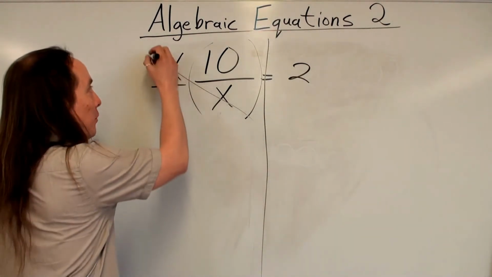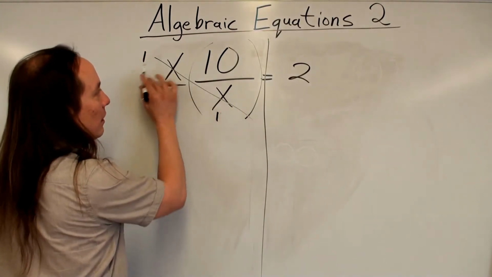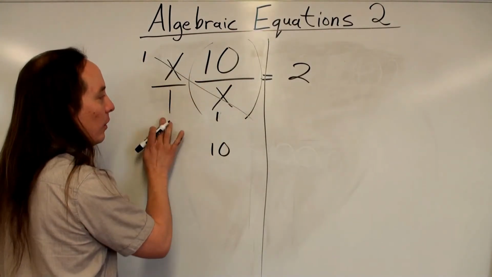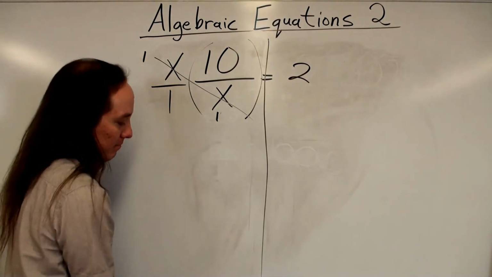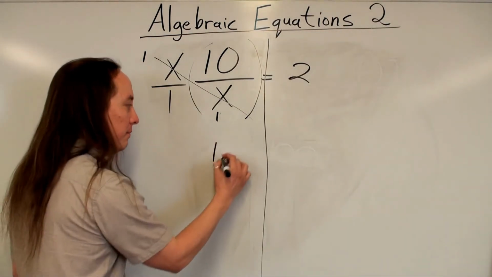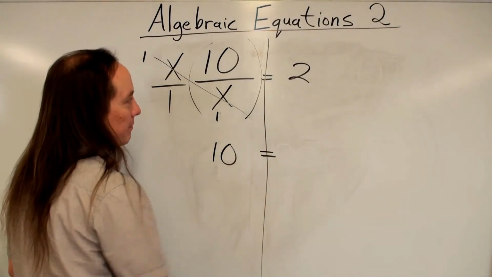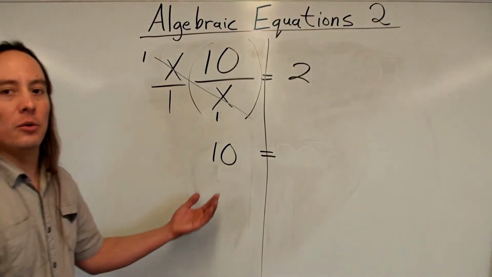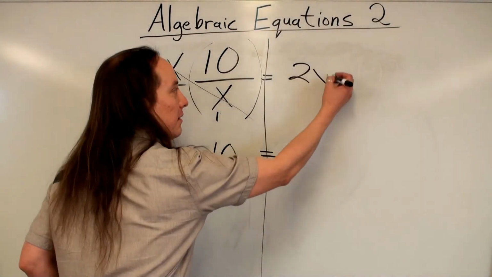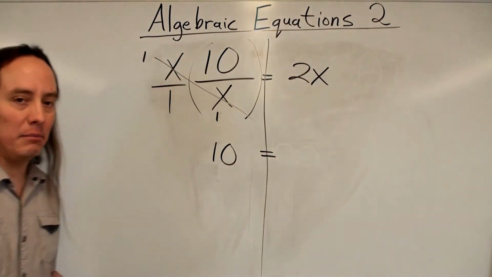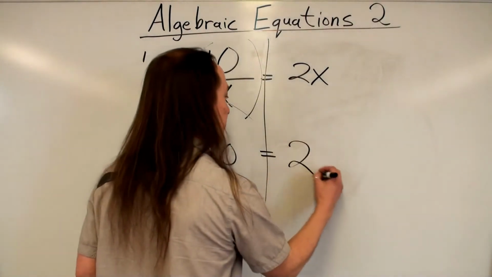They cancel out and they equal 1 now. So 1 times 10 is 10. 1 times 1 is 1. 10 over 1 is 10 divided by 1, which is 10. But what I do to one side, I multiply by x, I got to do the other side. Multiply by x. That's easy enough. 2x. Boom. Done. Well, almost done.